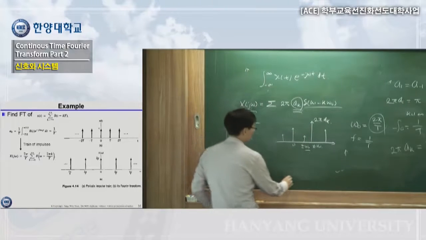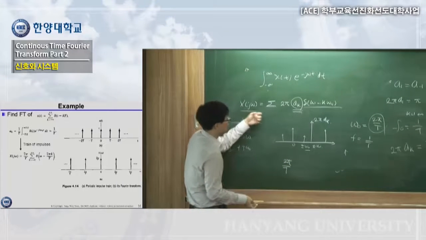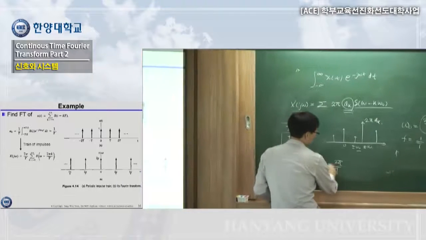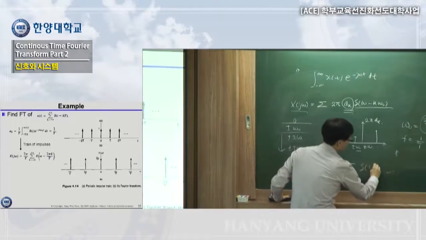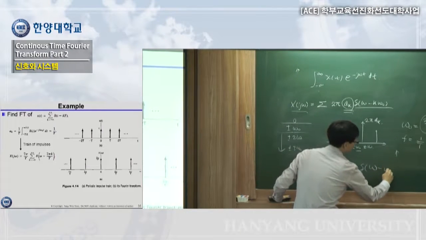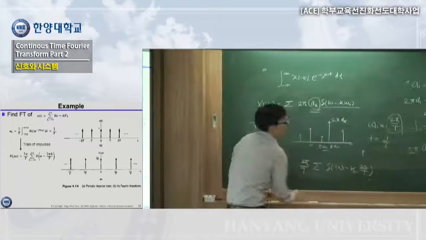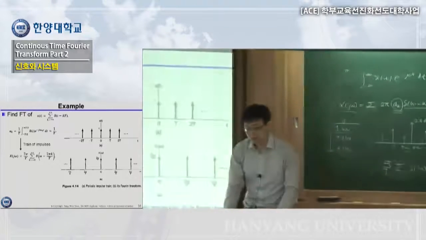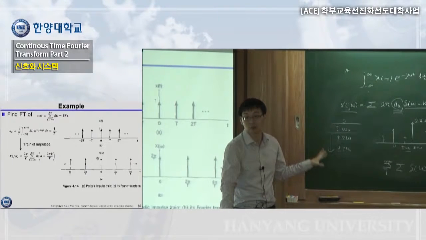Now how do we do it? We put the amplitude in the sum of delta(omega minus k omega 0), which is 2 pi divided by T. That's it. This much simplifies the calculation load.